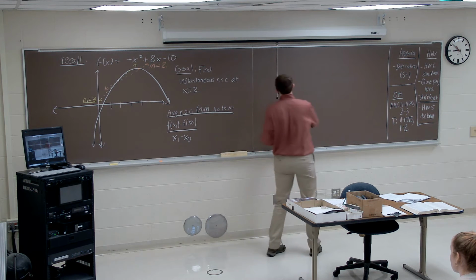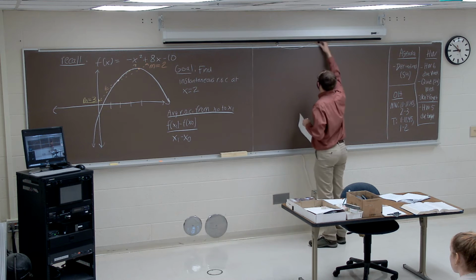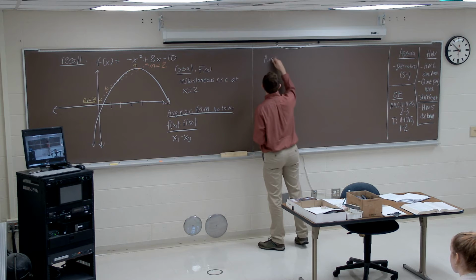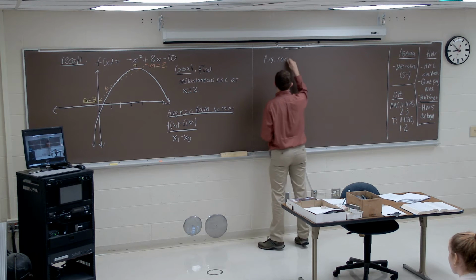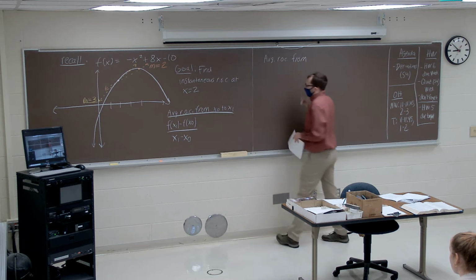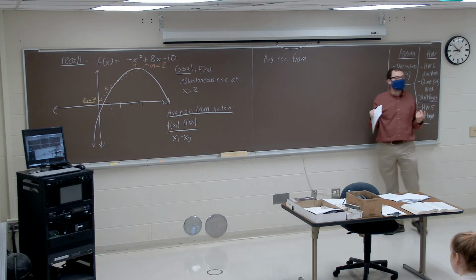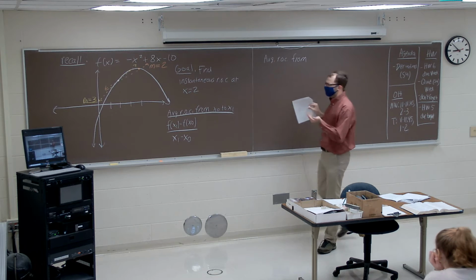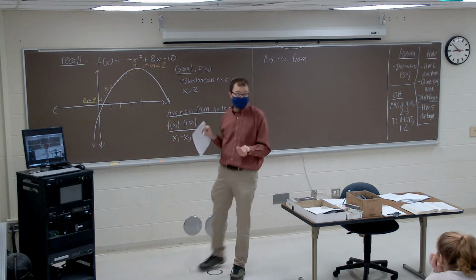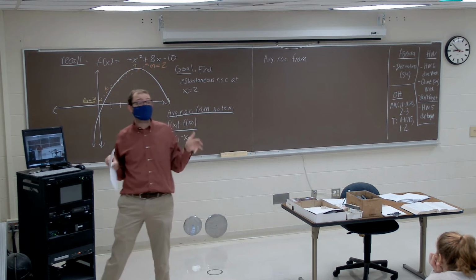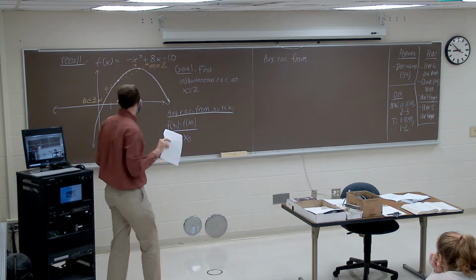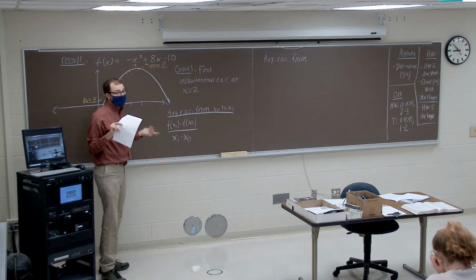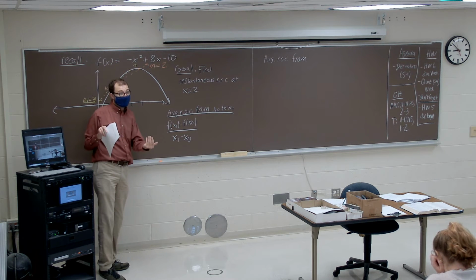What we had done towards the end of class, as a reminder, was look at how we find the average rate of change. We were trying to approximate instantaneous rate of change at x equals 2 by looking at average rate of change from x equals 2 to several nearby points.